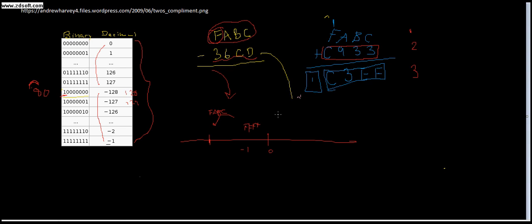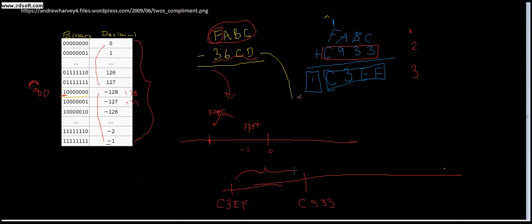So on a number line, the way we'd think about this, let me draw a new one. This would be our C933. C3EF is much more negative. Not much more, just a little bit.